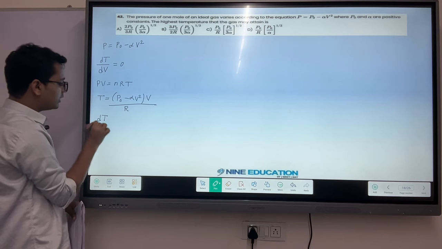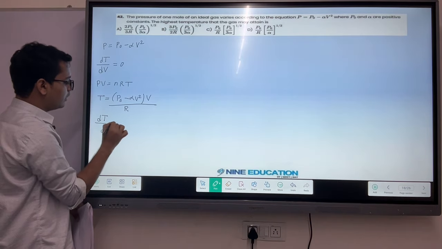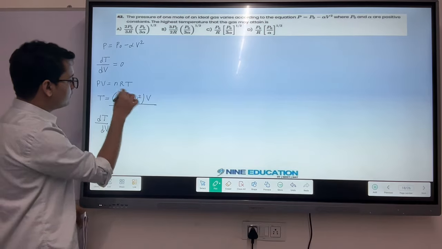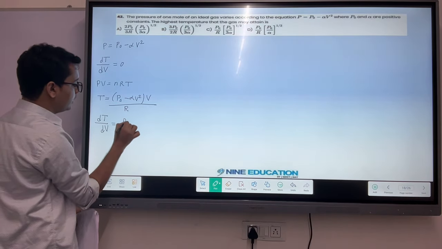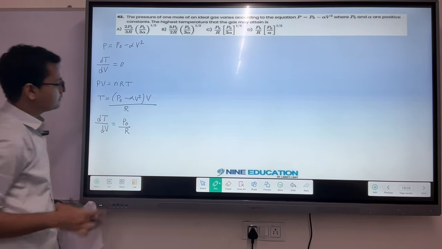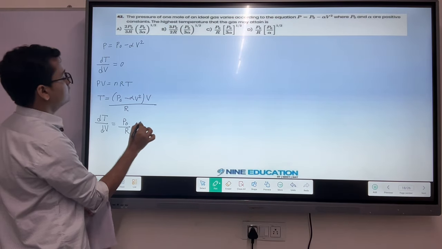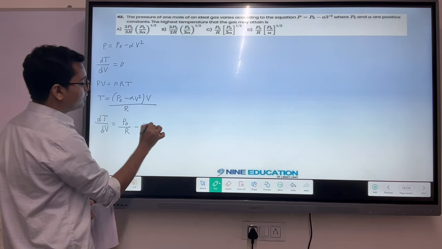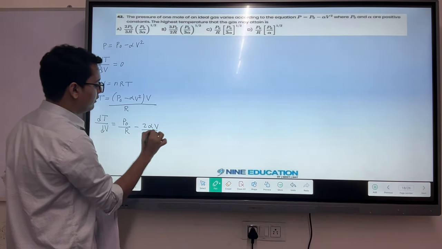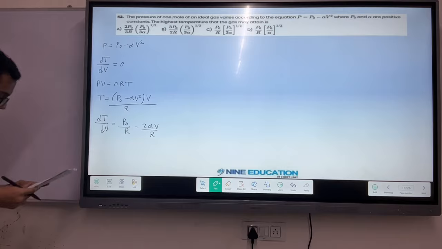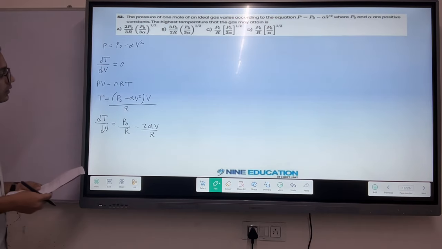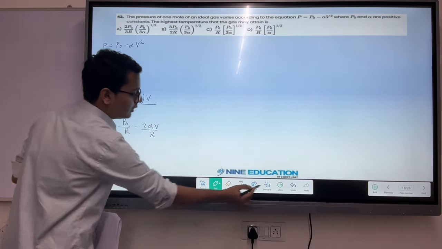Simply differentiate this with respect to volume, dT by dV. So what is the value of this? It is going to be P naught by R, okay, minus 2 into alpha V divided by R, okay. Sorry, no, not that.